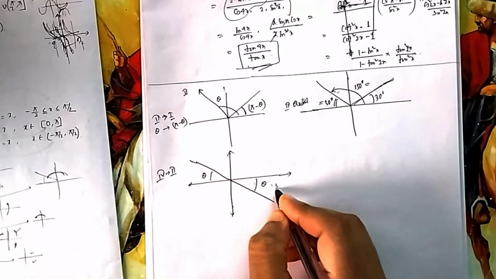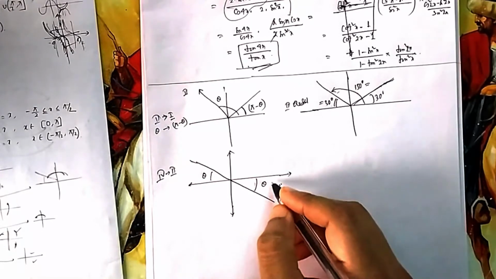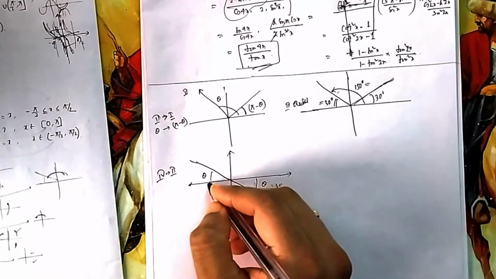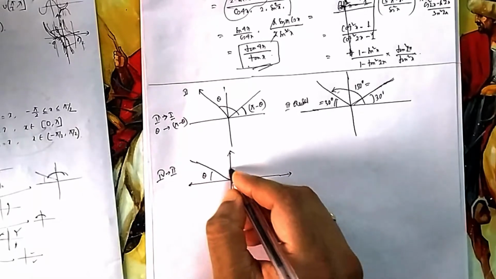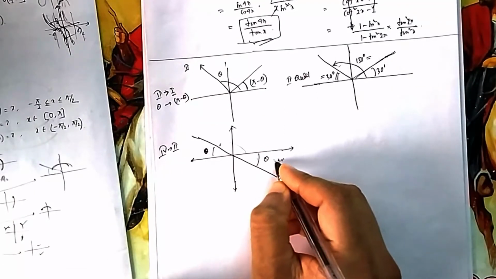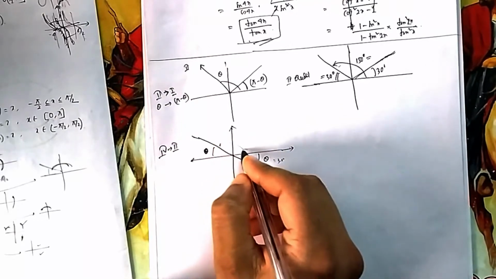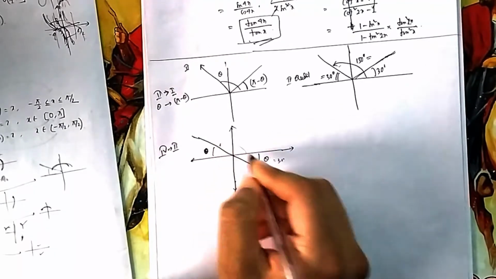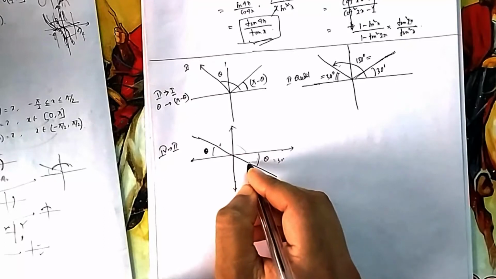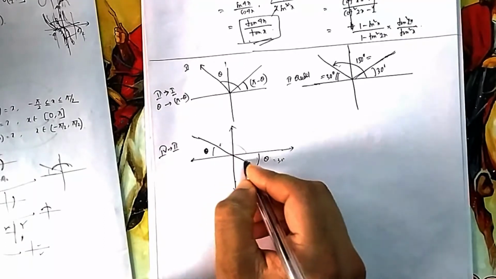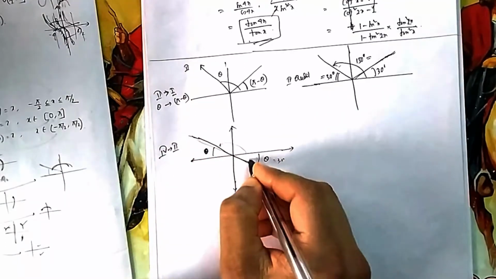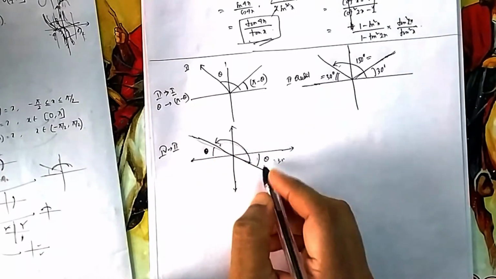You can see if you give 30 degree value here, cos 30 or sin 30, you will get the same. You just think of it, because your theta here is minus 30. So if you want to go, pi plus, do this one. From here you want to move, because it is the same line, you can see. So from this line, if you want to move to this line, what will happen?